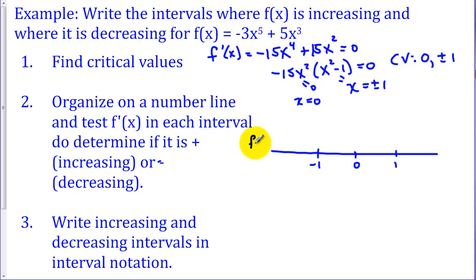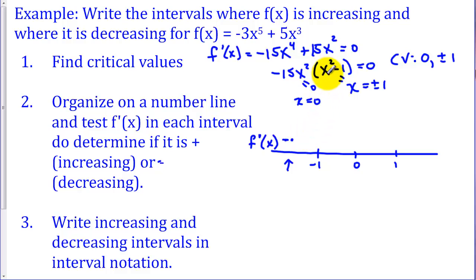And what we're going to be testing is not the original function. We're going to be testing the derivative. So if I pick a test point in here, let's say negative 10. If I put negative 10 into my derivative, I put it into the factored form. So negative 15 times negative 10 squared. Negative 10 squared is going to be 100. But negative times positive is going to be negative. So that factor gives me negative.